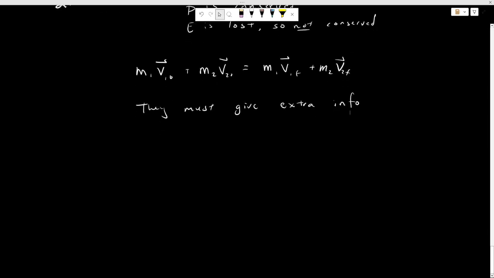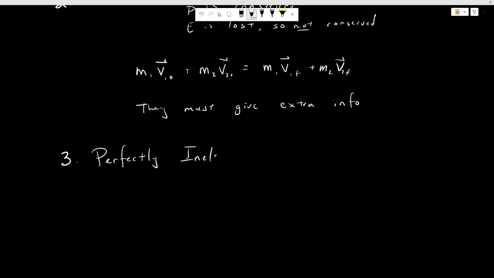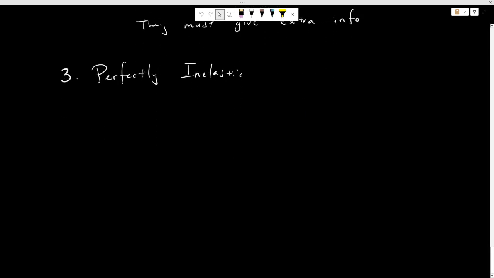Now the third type of collision is called perfectly inelastic. These are problems where objects stick together. So P is conserved.